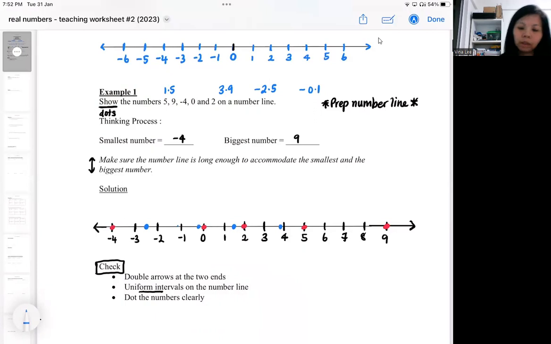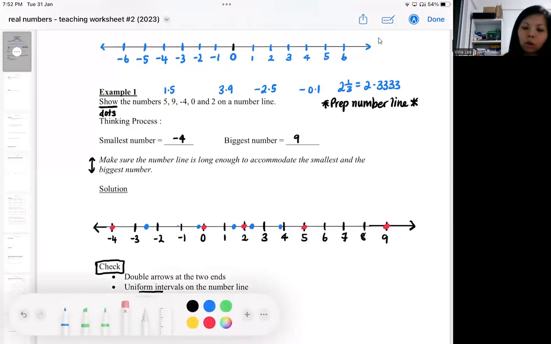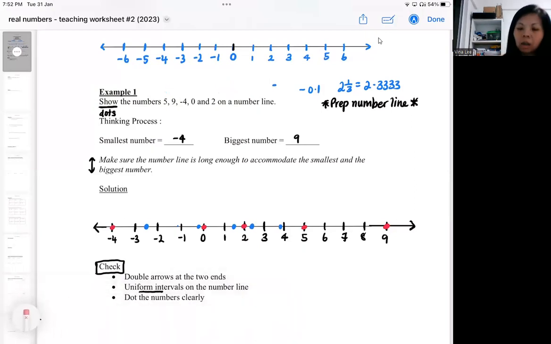So if it's a fraction, like let's say 2 and 1/3, 2 and 1/3, if you punch the calculator, is 2.333. So you just roughly estimate. So 2.333 is somewhere here. So it's possible to show a decimal or fraction on a number line. You are still using dots to show.